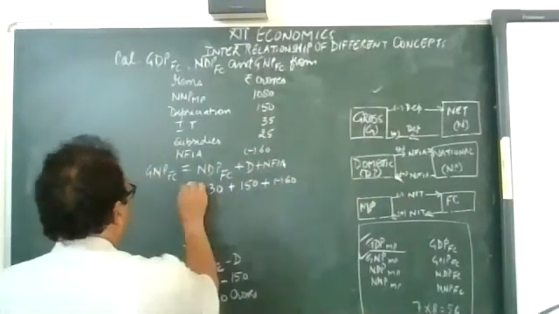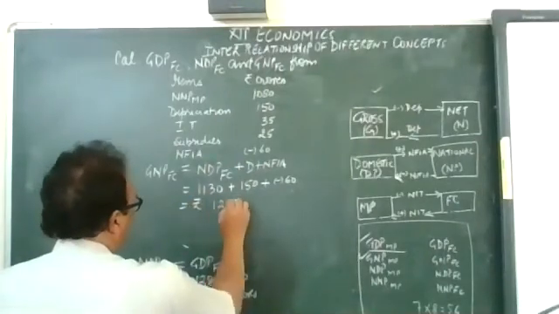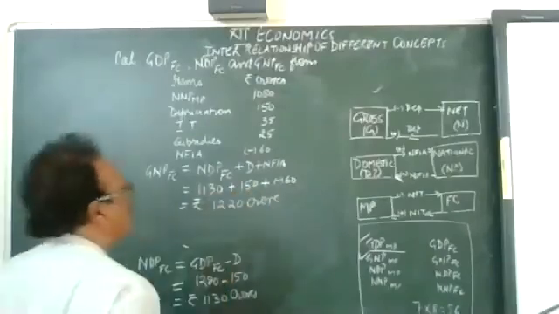Minus. Yeah. Now this will be equal to rupees 1220. Add these two up and minus 60.